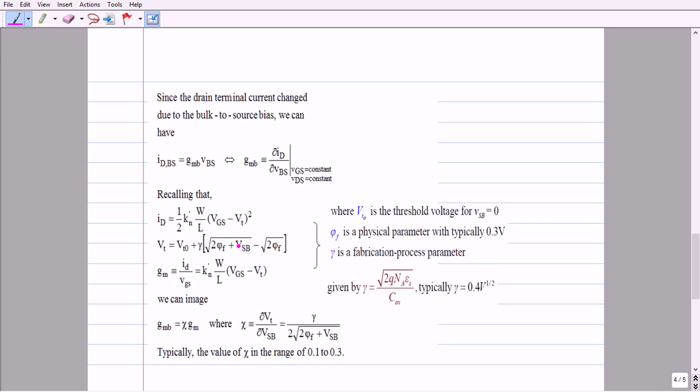Variation of the source to bulk voltage changes the threshold voltage, and in turn that changes the drain current ID. With this, we come to an end of the development of the small signal equivalent circuit model of a MOSFET where the source is not connected to the body of the MOSFET.